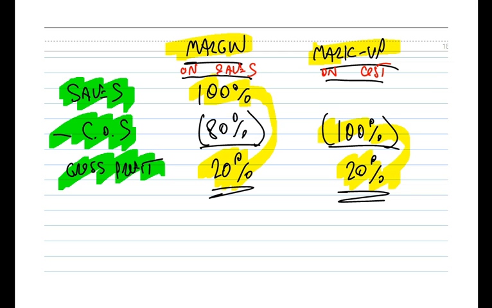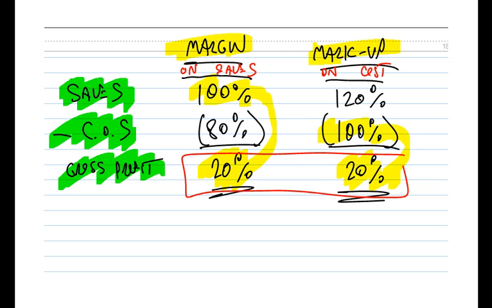Now that means that the sales figure would have to be 120%, because 120% less the 100% cost of sales would leave you 20% gross profit, wouldn't it? So you can see you've got the same 20% for the gross profit. It's what that's 20% of that differs. With a margin, it's 20% of the sales figure. With a markup, it's 20% of the cost of sales figure.